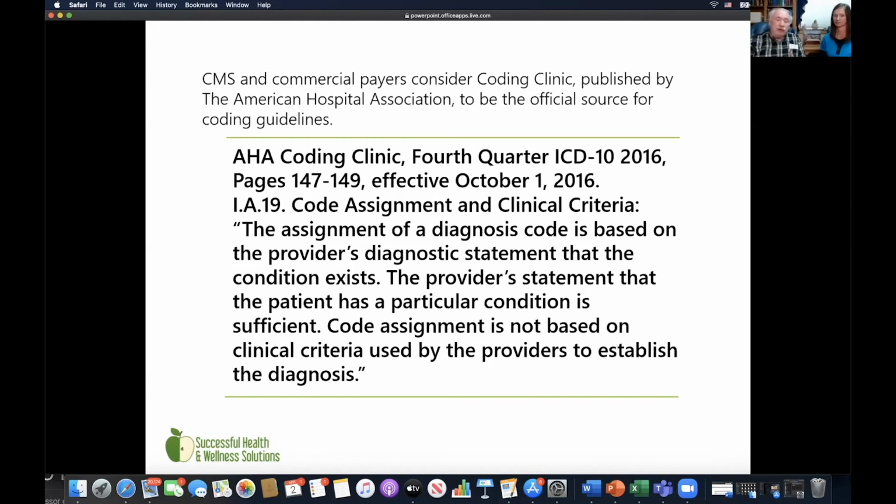Those auditors can question that we capture the appropriate elements in the documentation to support our diagnoses, but you'll find that our diagnoses will not be challenged, if we have that supporting documentation in our clinical notes.